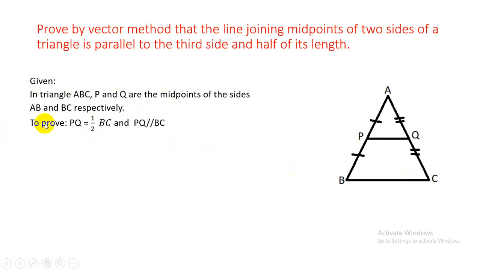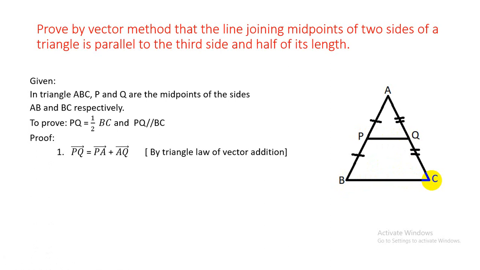To prove: PQ is equal to 1 by 2 of BC and PQ is parallel to BC. It means in this figure we have to prove that this line PQ is parallel to BC and PQ is equal to half of BC.